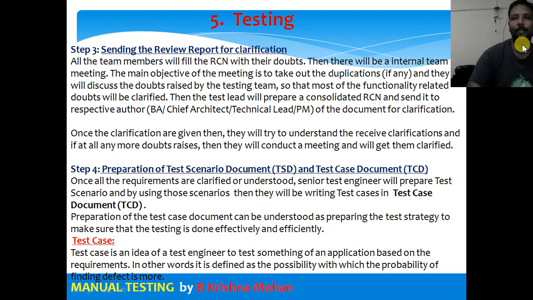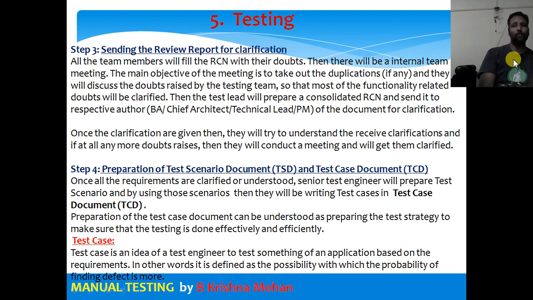Suppose they got the business requirement specification, the SRS, and the design documents, then they may get a doubt in any document. So how will the test lead send it to the respective author?